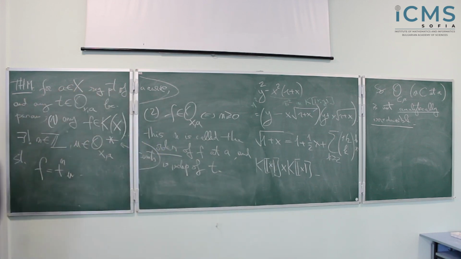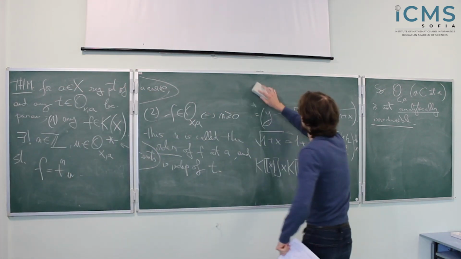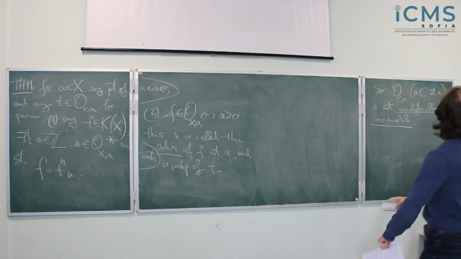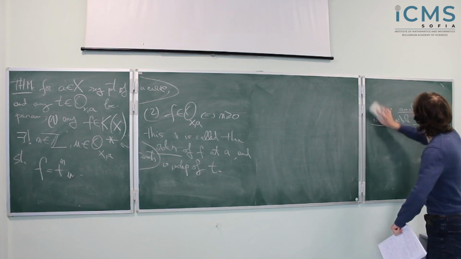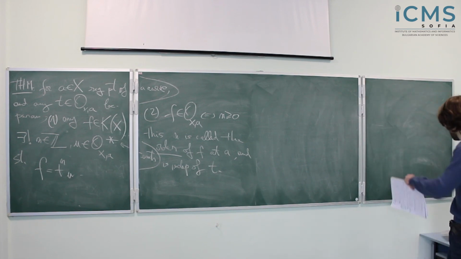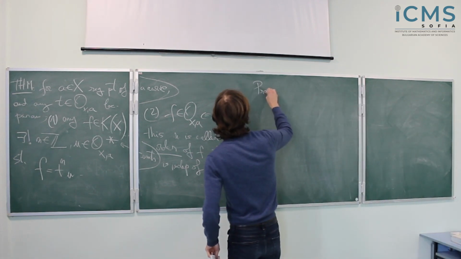Okay. So I'm just going to give you a couple of the steps of the proof, since I'm running out of time, and give you the rest as a simple verification of what remains to be done.